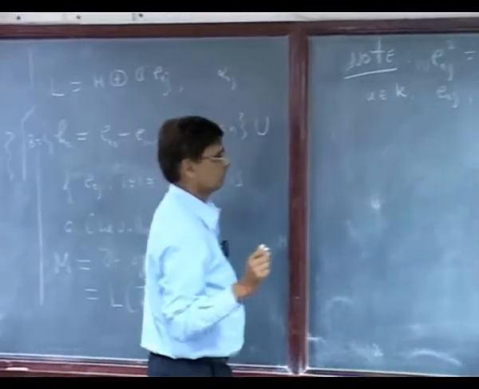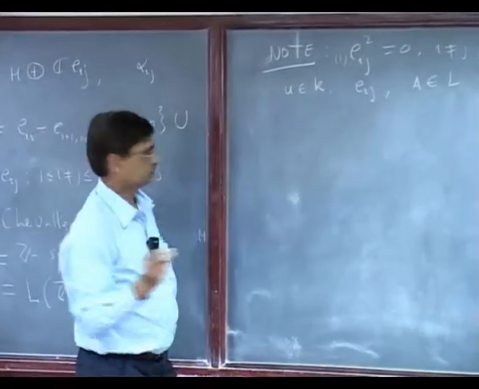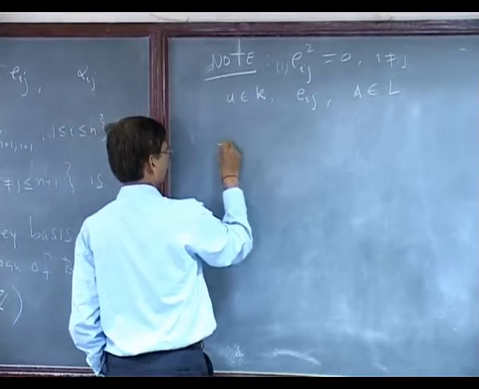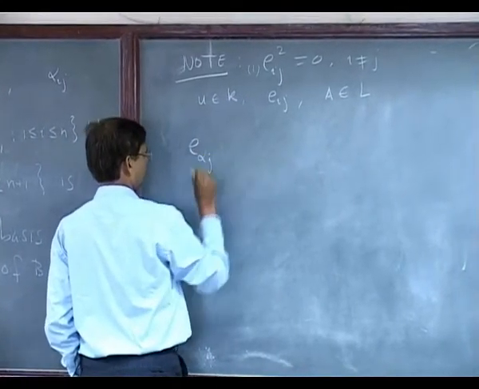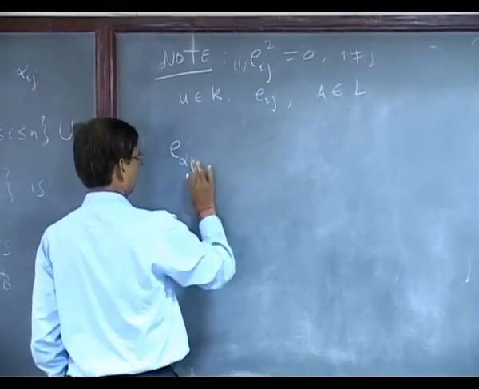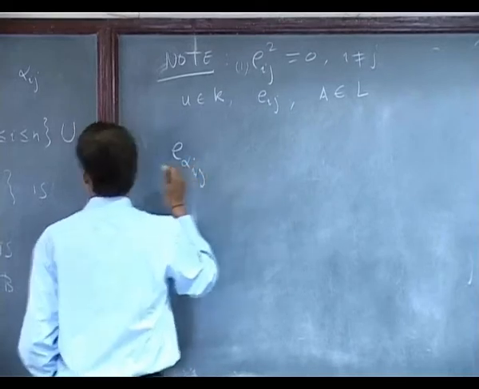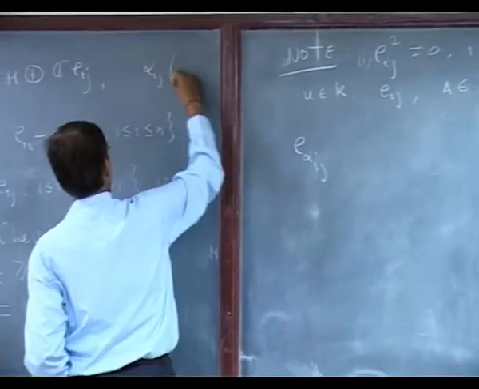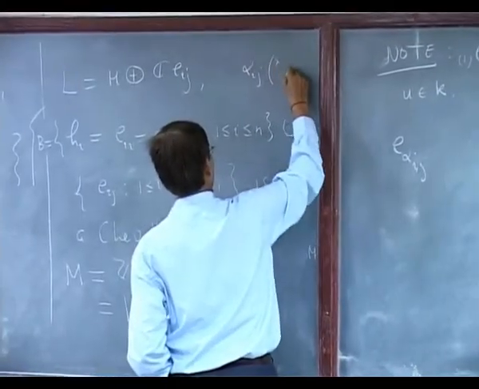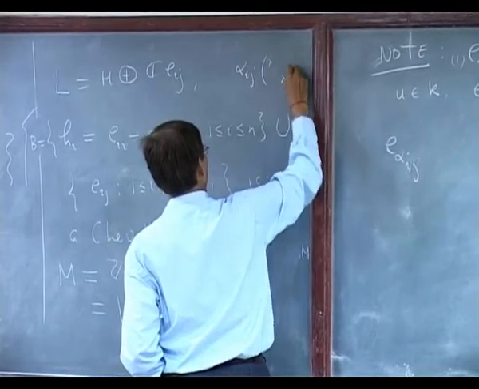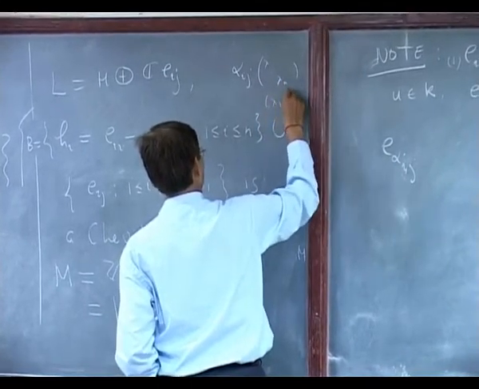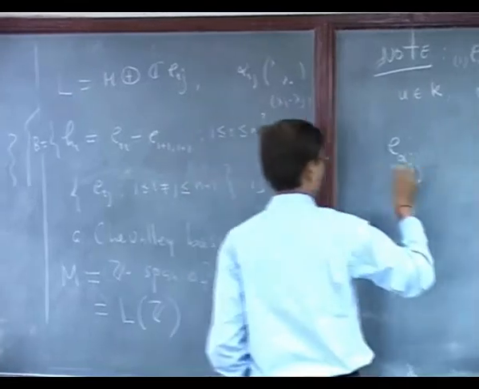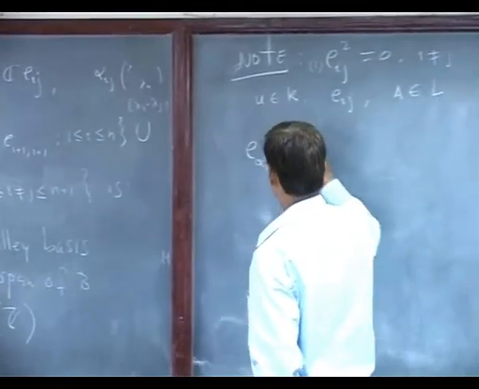Okay. So if I take E alpha_ij, what are these alpha_ij roots? On the diagonal elements lambda 1, lambda 2, up to lambda n, they are lambda_i minus lambda_j.